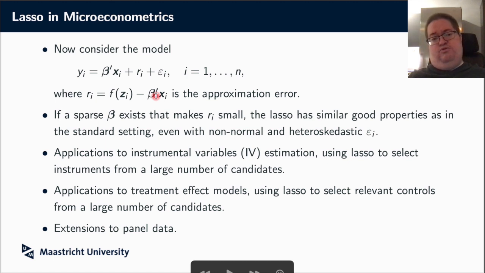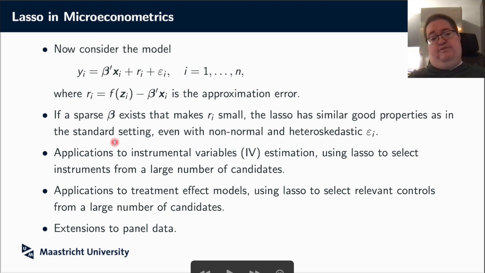And so what they then assume is that there exists a sparse beta that makes this approximation error small. Small being small enough to essentially ignore it, while still allowing you to have good estimation properties of your model.